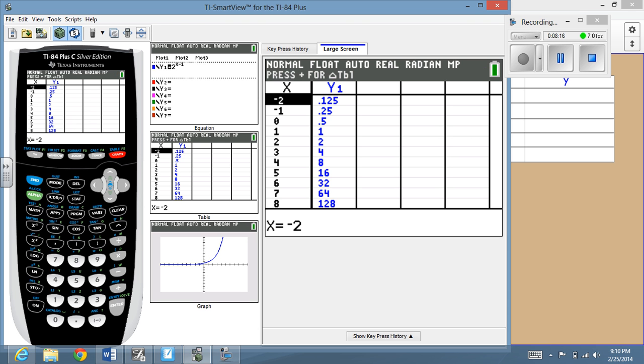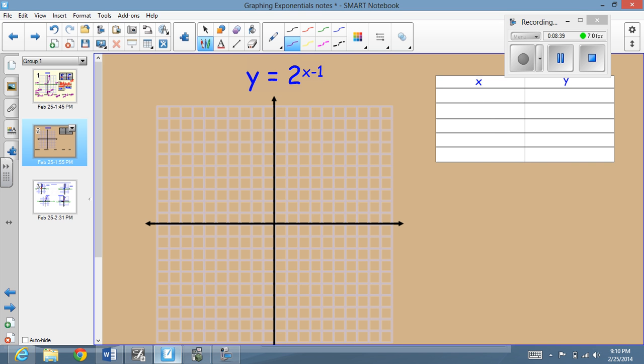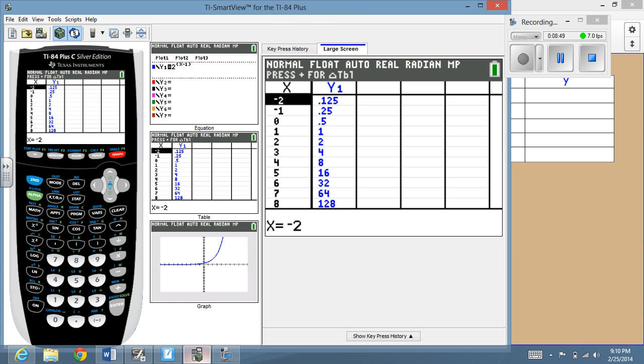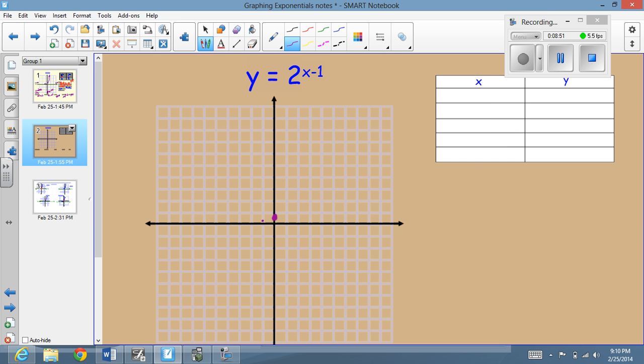So if I look at this table, okay, I want to make a point to see that, okay, my y-intercept in this case is now 0.5. Okay, so I'm going to go ahead and I'm going to plot these points. I have 0 and 0.5. I have negative 1, 0.25.